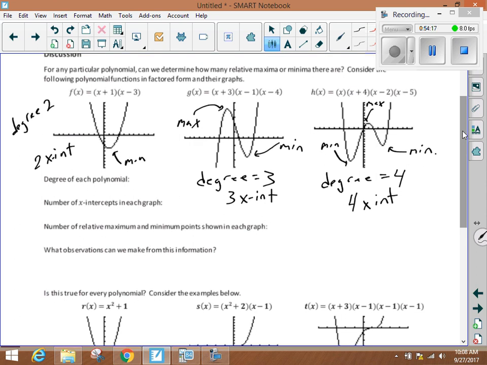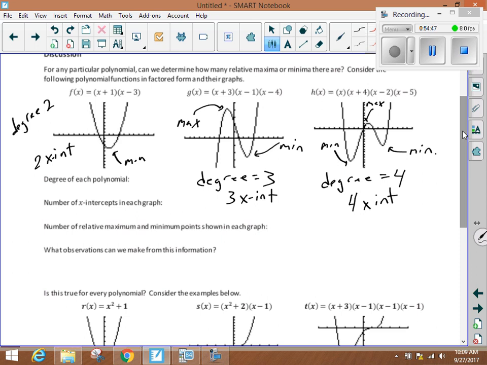It looks like a second degree polynomial should have at most 2 x-intercepts and 1 minimum or maximum. A third degree polynomial should have at most 3 x-intercepts and 2 relative maxima or minima.